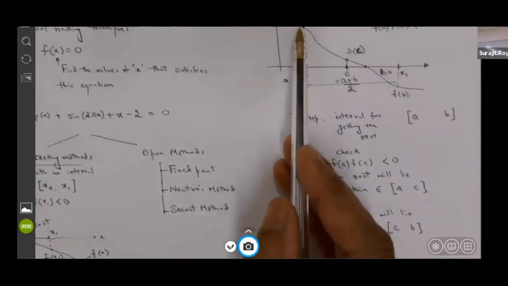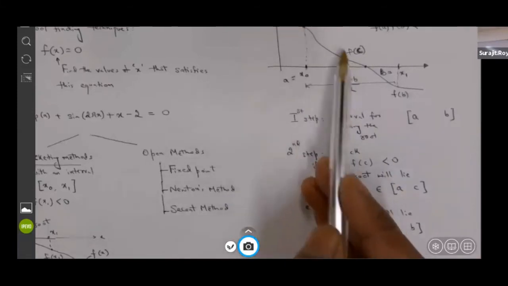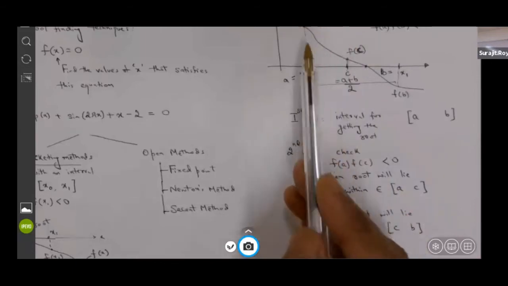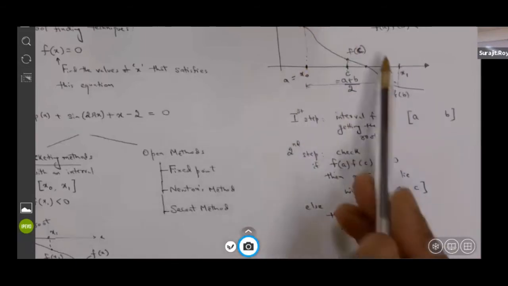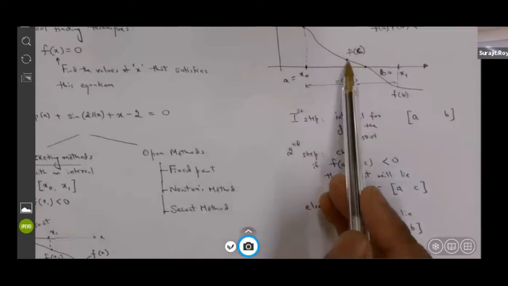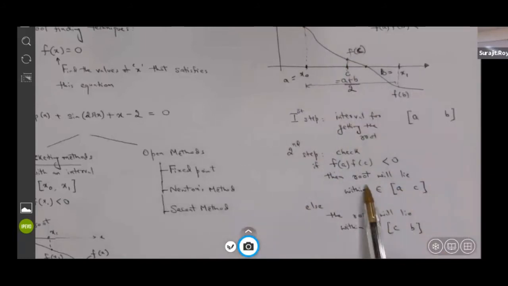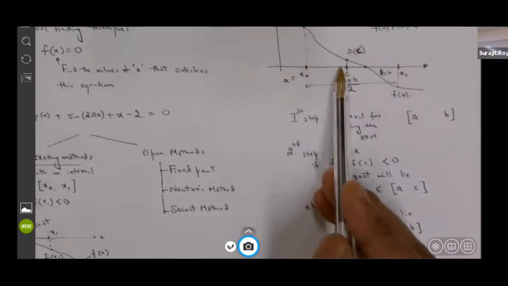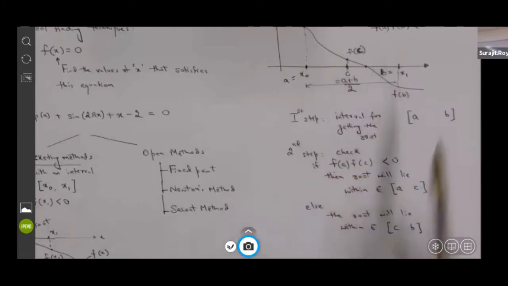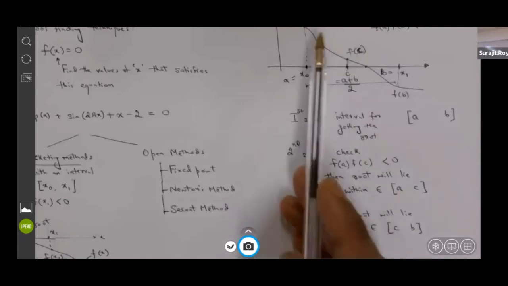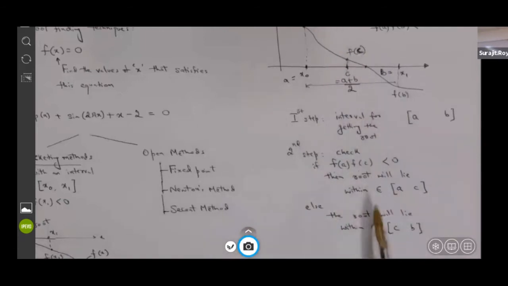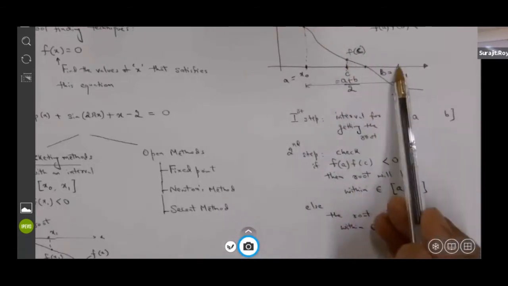You multiply this value with this value and see whether it is less than 0. Now in this specific diagram and plot, clearly this is not the case. So that means the root is not going to lie between A and C, but between C and B. So if fa times fc is less than 0 is not satisfied, then the root lies between C and B.